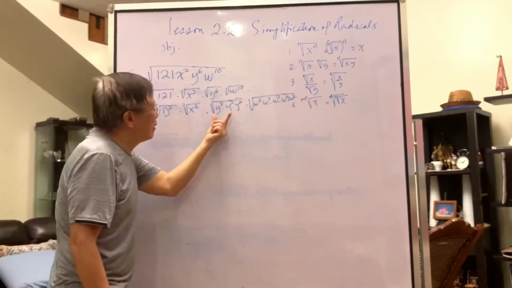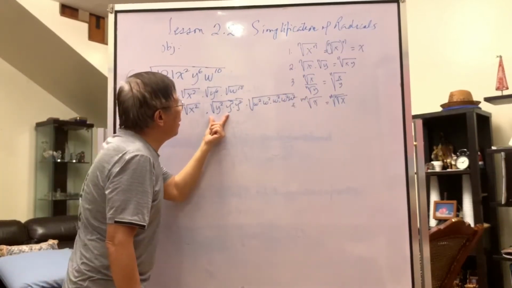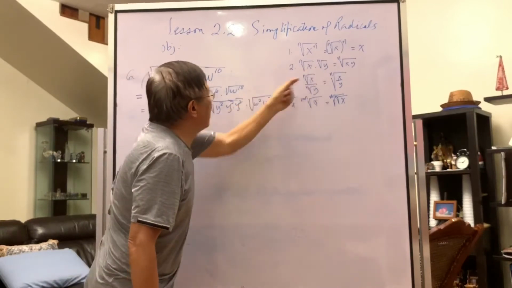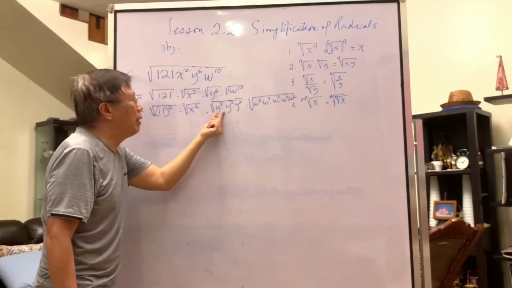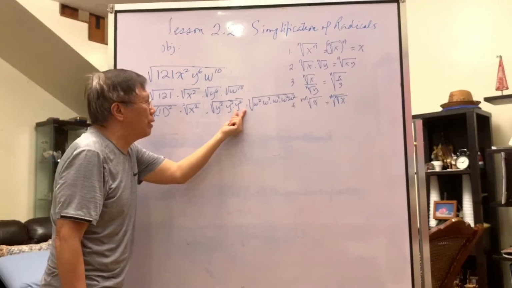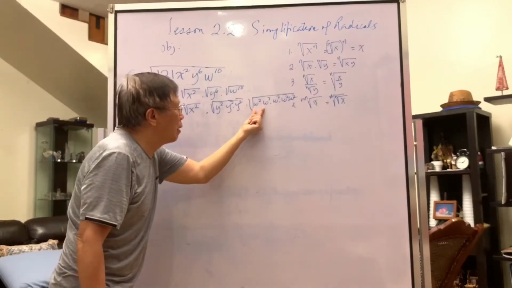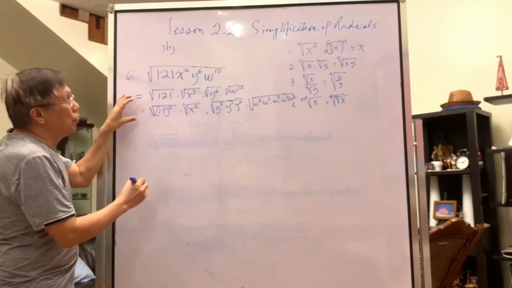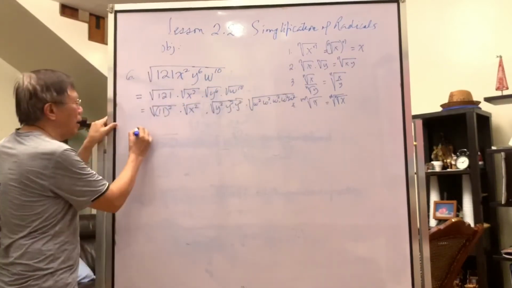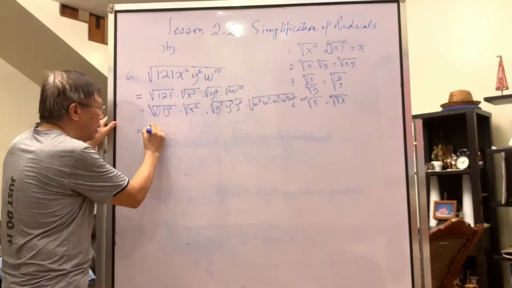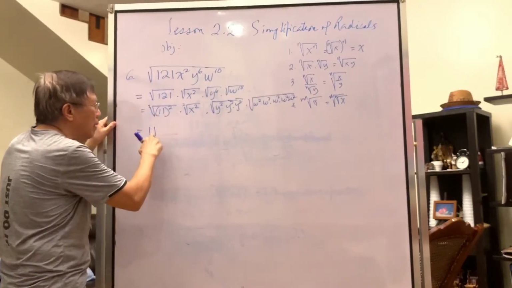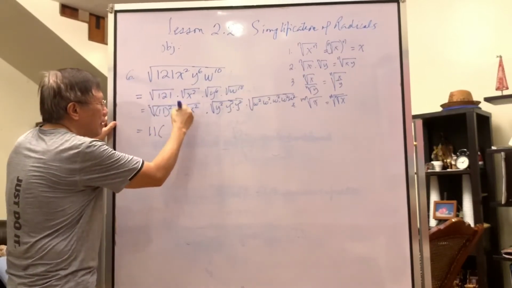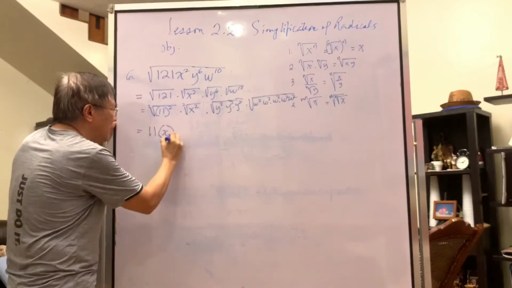And we can separate this by writing them individually. So we have square root of y squared times square root of y squared times square root of y squared. Similarly with this, square root of w squared times square root of w squared, etc. So from law number 1, this one cancels with this, so we can now have 11 times this one cancels with that, so that's an x.